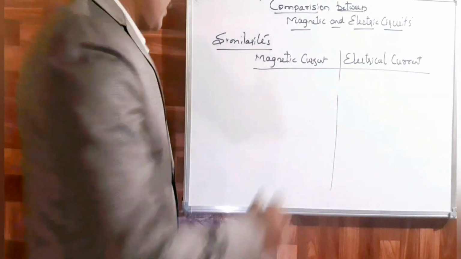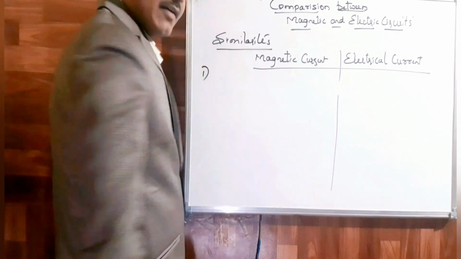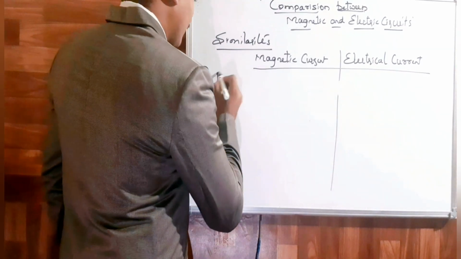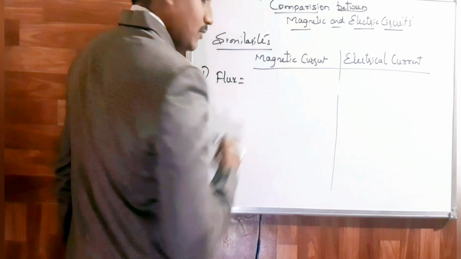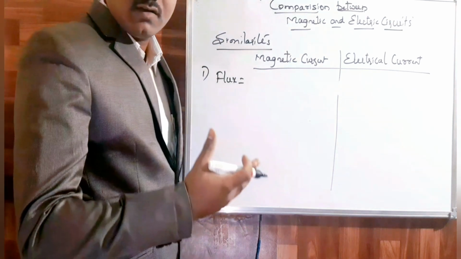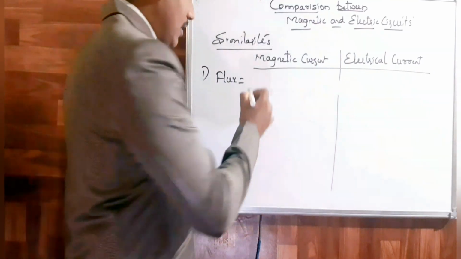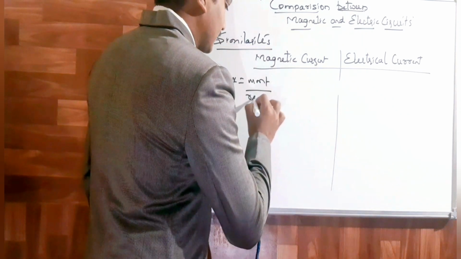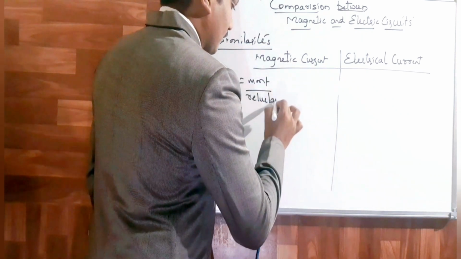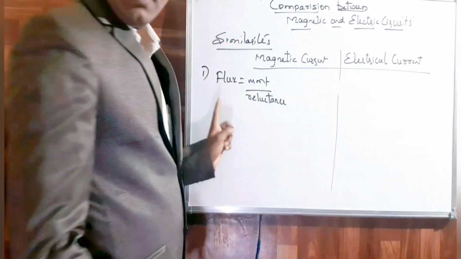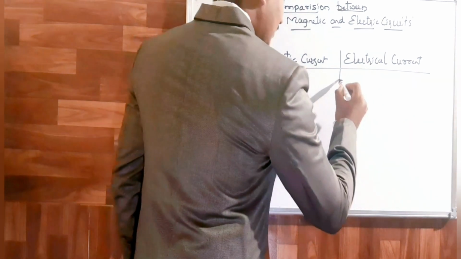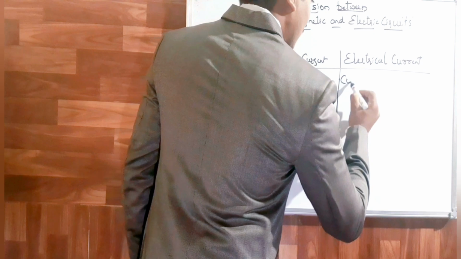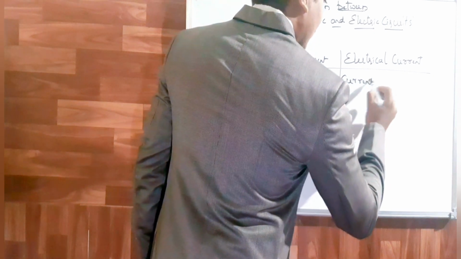Normally in magnetic circuits, the formula for calculating the flux is flux equals mmf upon reluctance, and this flux is analogous to current in electric circuits.